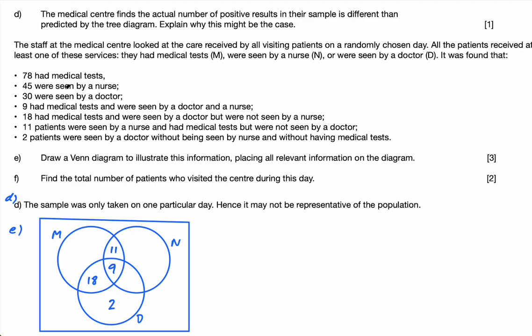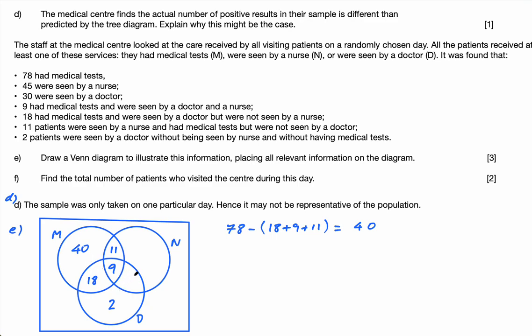Okay, now I can fill in this bit because 78 had a medical test. So 78 minus 18 plus 9 plus 11. I'm going to subtract all of these, which is 20, 38. 78 minus 38 is equal to 40. So I can put 40 here, and this plus this plus this plus this adds up to 78.